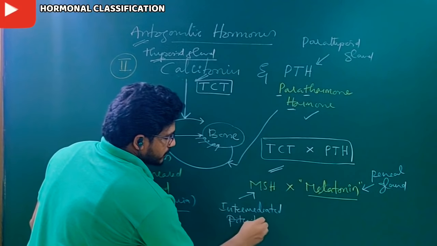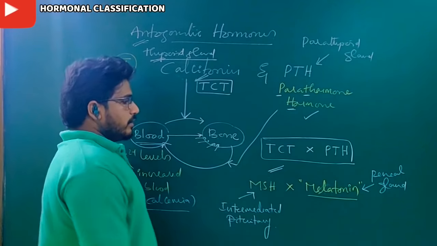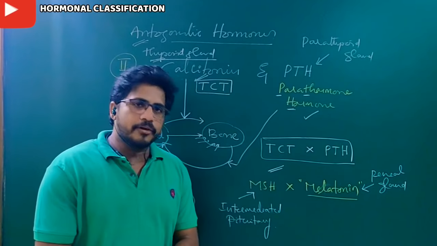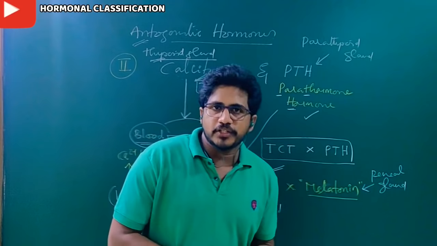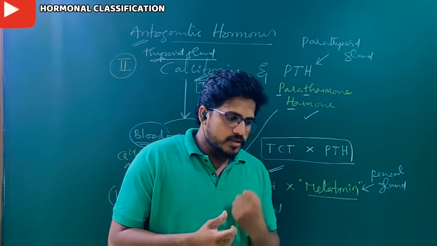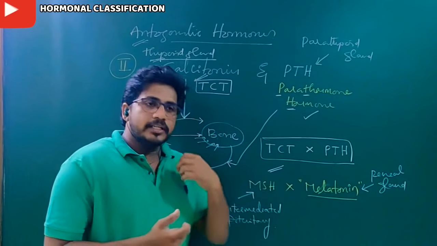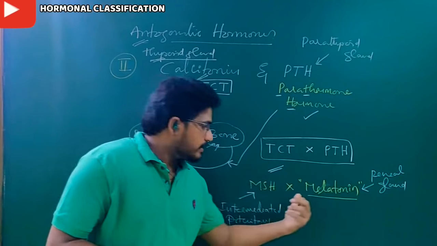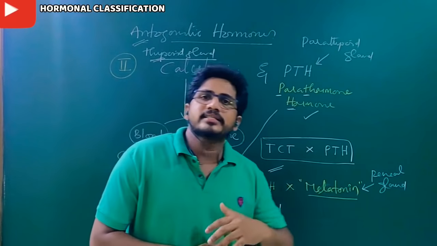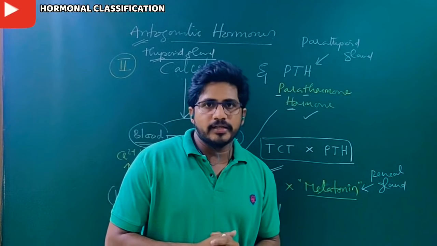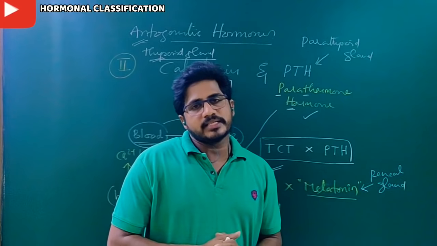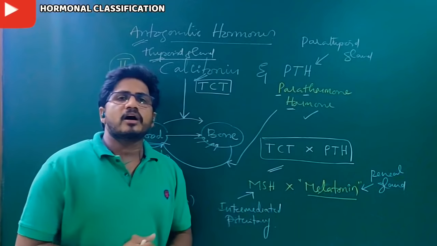It is also a protein hormone. So these two come from different sources, and their functions are also different. Melatonin induces sleep in organisms, and MSH is opposite, avoiding sleep. And MSH provides brightness in the skin color of frogs, whereas melatonin is opposite.